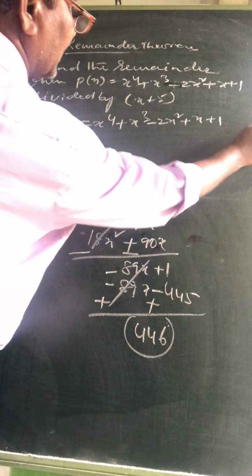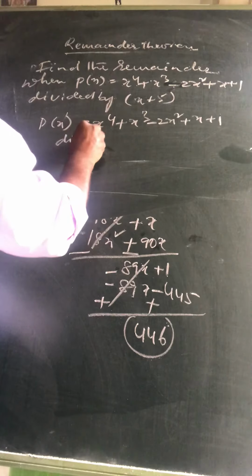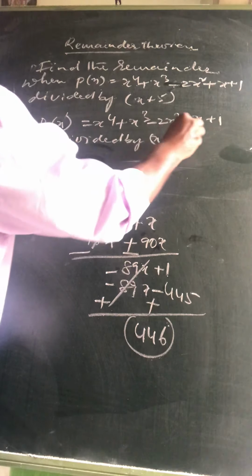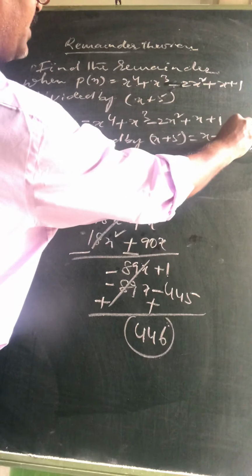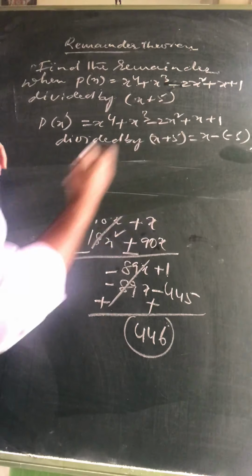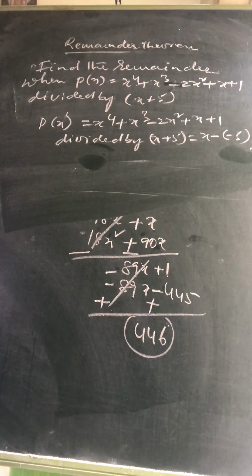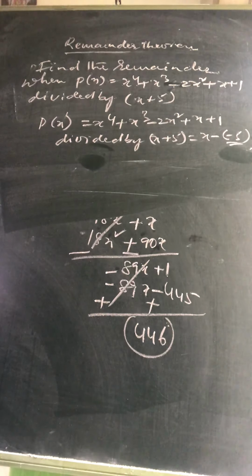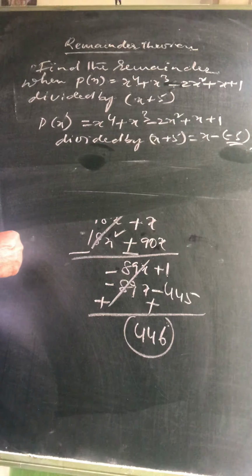This you can write as divided by x minus minus 5. Why? Because it should be in the form of our theorem, x minus a. So in the place of a, what is there? Minus 5.